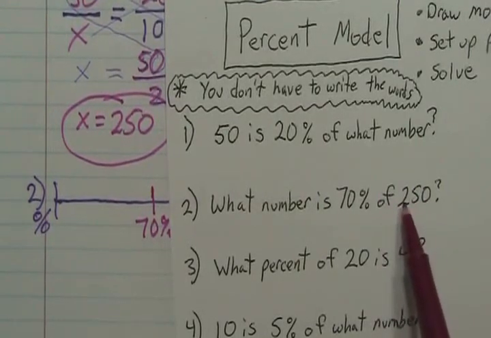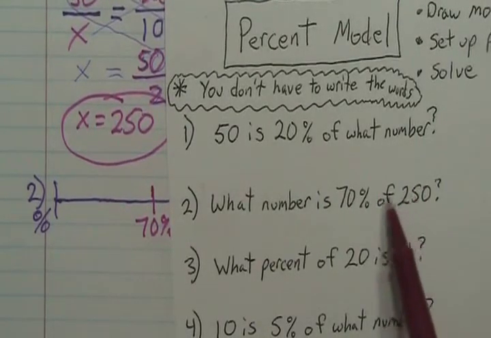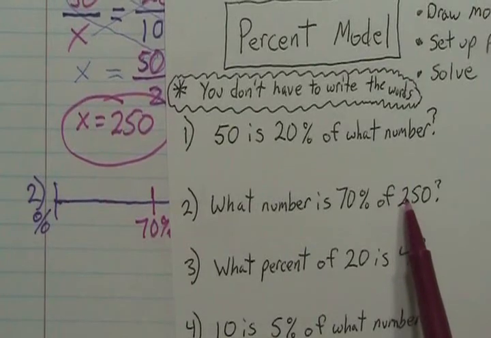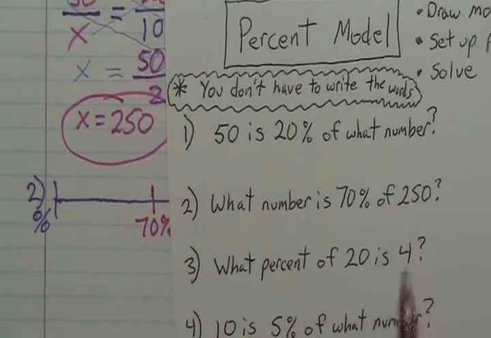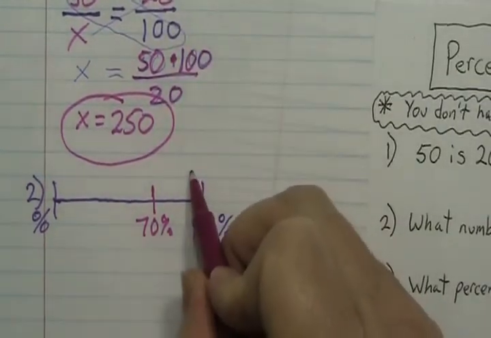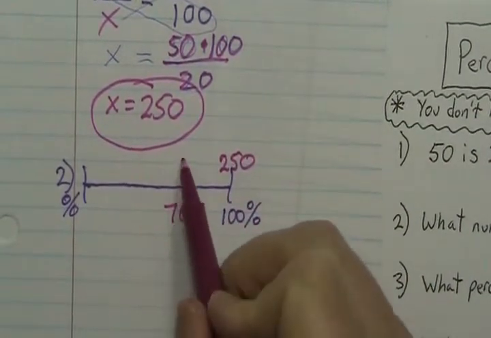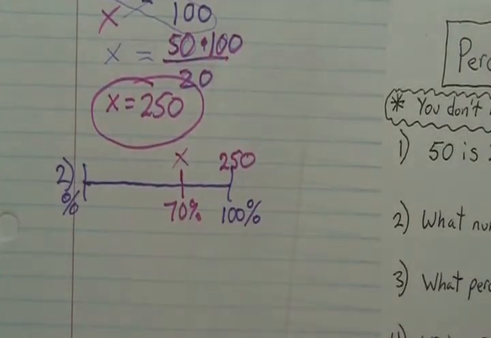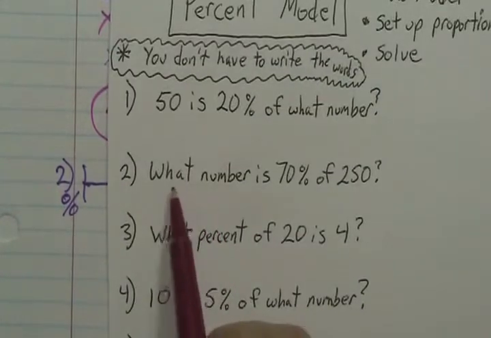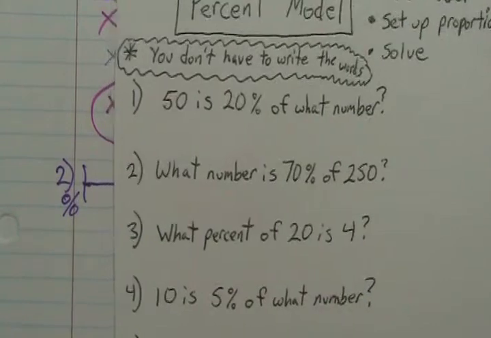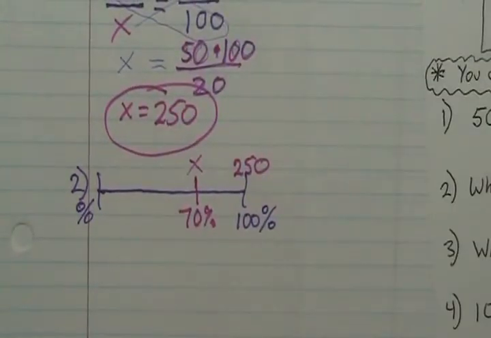Of 250, that's the total. This is just like the other one. 250 is the total, so you don't know the "is" number. It says what number is. You don't know the part.